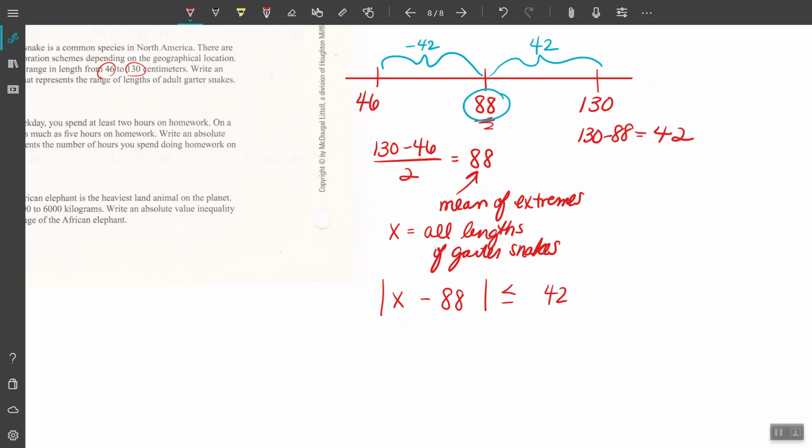So the formula for this is the actual length minus the mean of the extremes, and that is less than or equal to the tolerance. So those are all the vocabulary words being thrown in there.